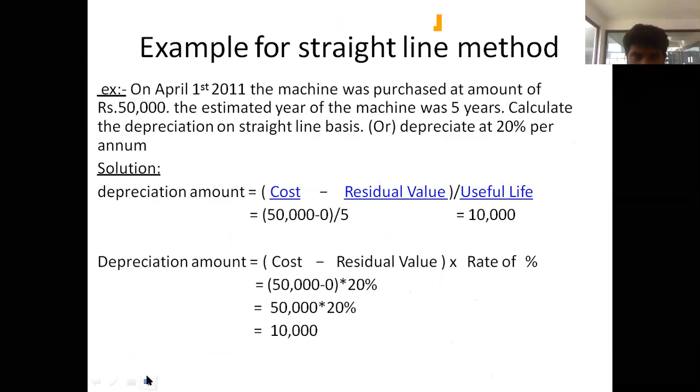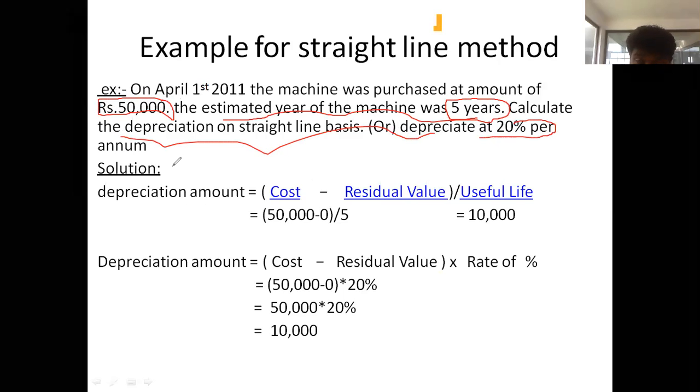Okay, we have an example. On April 1st, a machine was purchased at a cost of 50,000 rupees. The estimated life of the machine is 5 years. Calculate the depreciation on a straight line basis, or depreciation at 20% per annum.